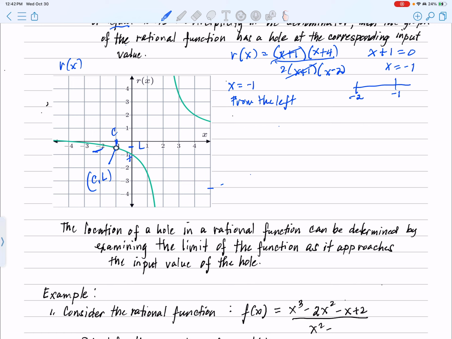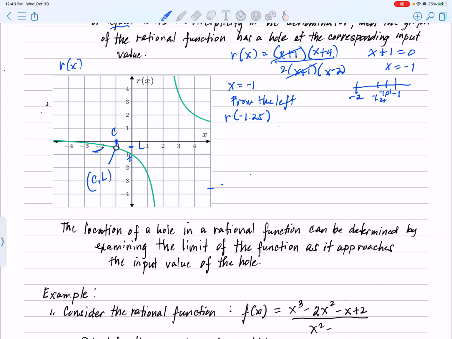Maybe we can have negative 1.01, negative 1.25, or negative 1.1. Let's try negative 1.25.